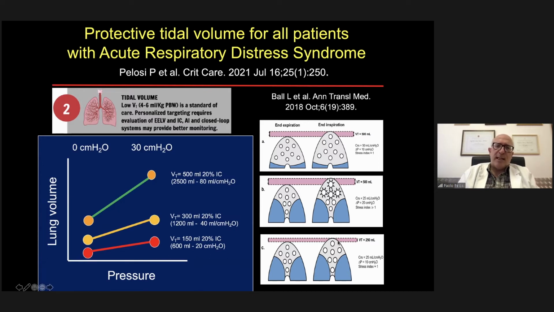Another possibility is that we can standardize mechanical ventilation according to the inspiratory capacity of the lung. So we move towards another area, not considering the end expiration, but the end inspiration. You can see here that at different fixed pressures for different patient characterizations, if we change the level of pressure, in this case from 0 to 30 centimeters of water, we can have major differences in terms of volume.